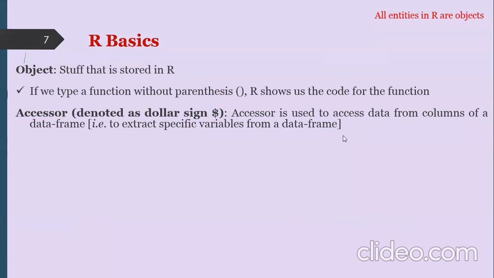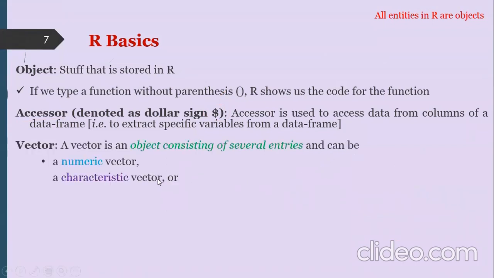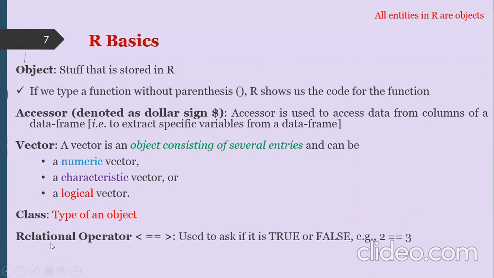And after that we have talked about vectors. A vector could be numeric, a vector could be a character vector, a vector could be logical. And a class is actually the type of the object. And this is a relational operator, the double equals sign. That means we are asking the R program whether the statement is true or false.